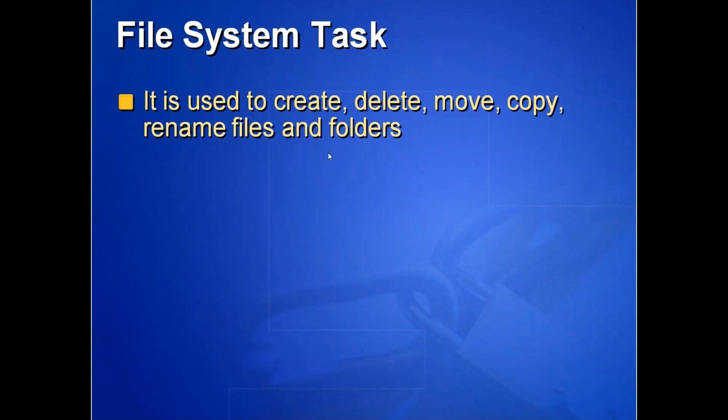So what we can do is call the file system task, and we can move the files from the source folder to the destination folder. Whatever files or folders we have in one path, we can move to another path by using the file system task.